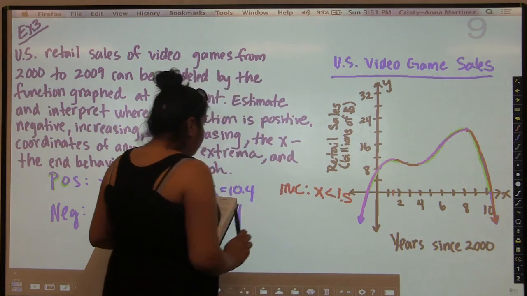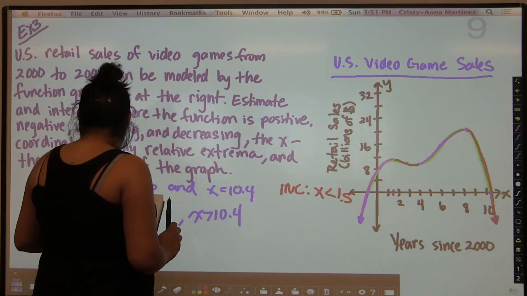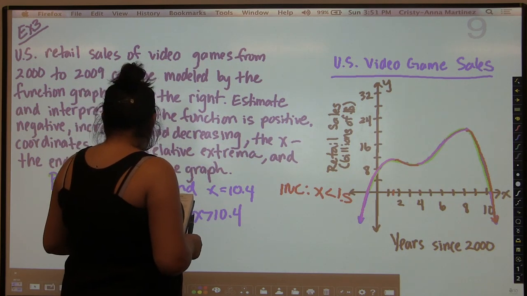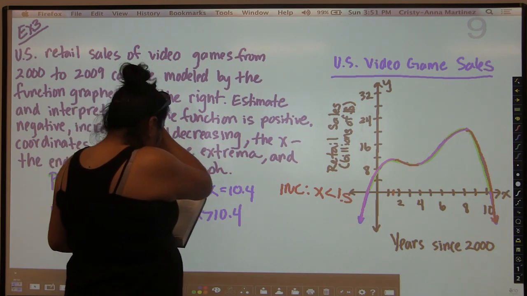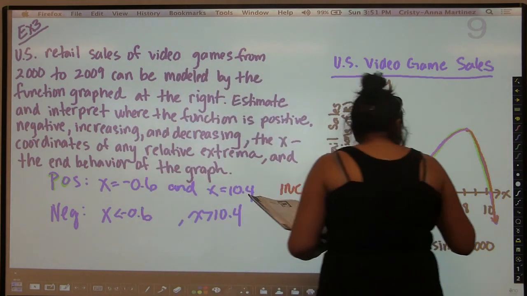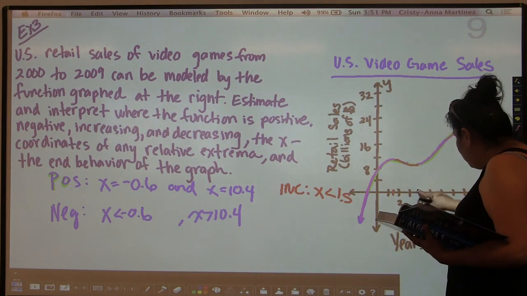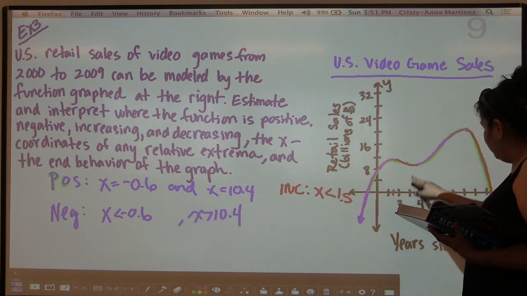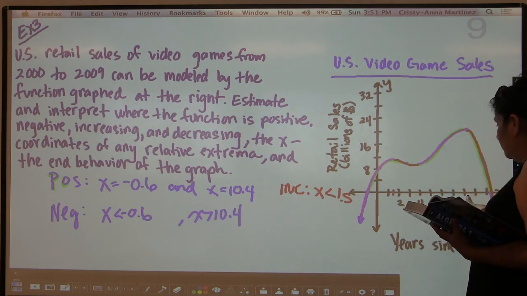And then it's also increasing between 3 and 8. This value right here on my graph kind of looks like 4, but again, the book is claiming that this is 3 and then 8.